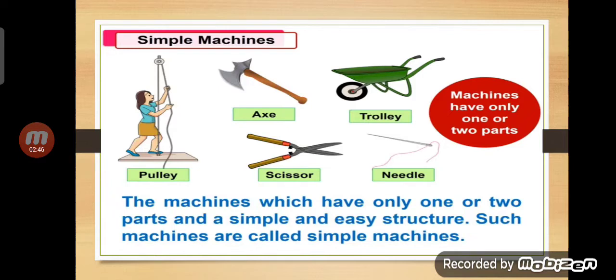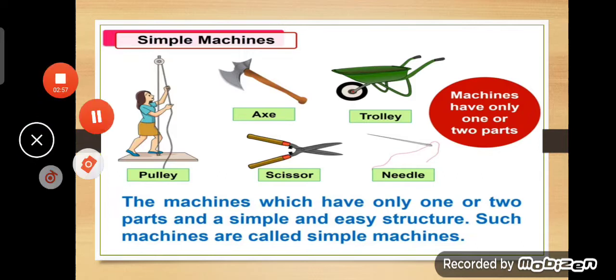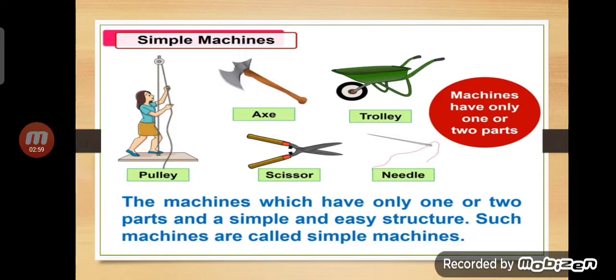The axe has two parts, axe head and wooden handle. The scissor has two parts, that is handle and blades. The trolley is composed of two parts, a wheel and container, and the needle has only one part.